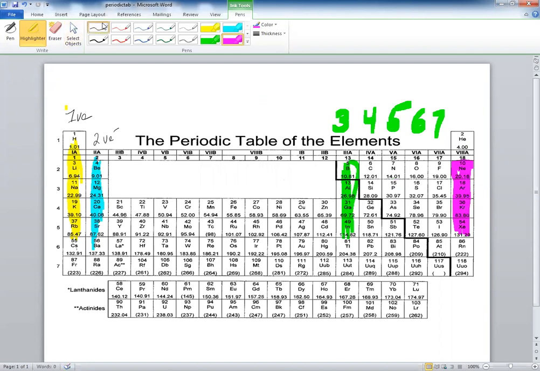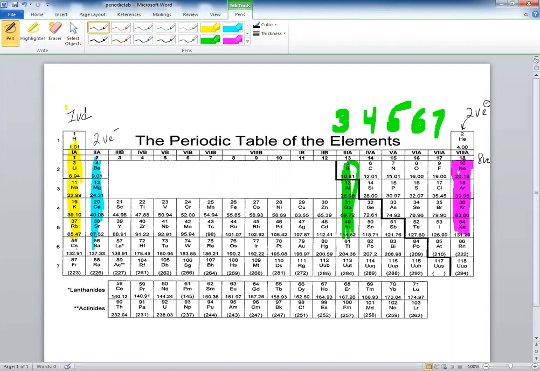Because the number is right there. So that's 8. But helium only has 2 valence electrons, if you recall, because it has only one energy level. In this case, it's just the 1 right here. But aside from that, all we have to do is look up this number.